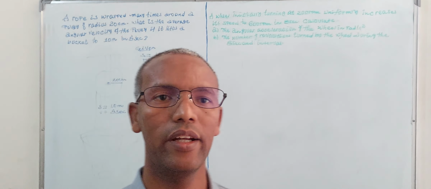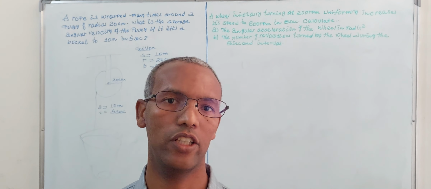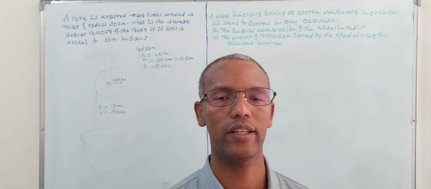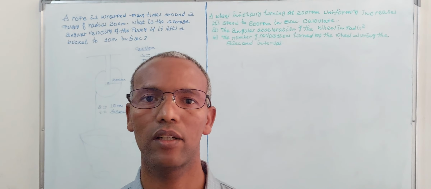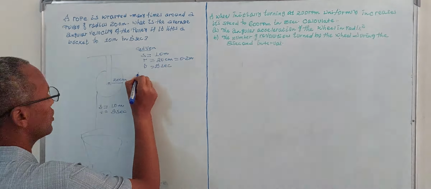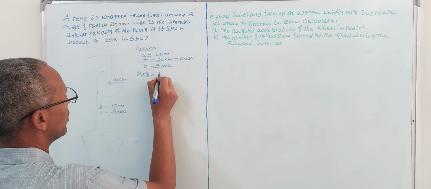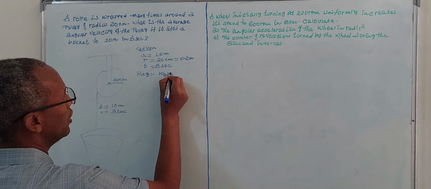That's all. Now, like I said before, you need to understand the basic relationship between a linear motion as well as an angular motion of an object. So the required term to find is the average angular velocity.